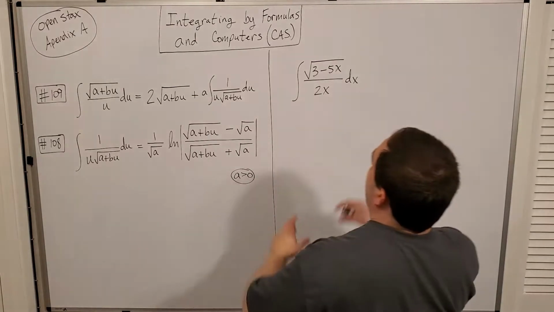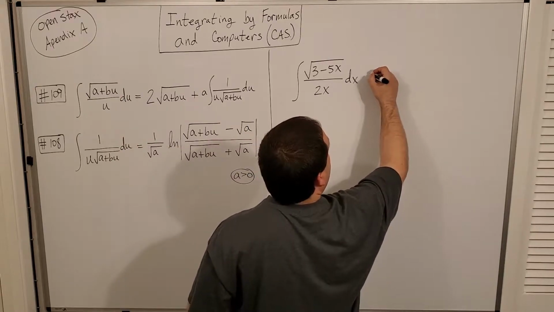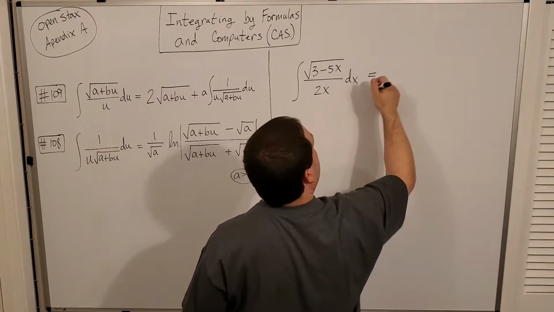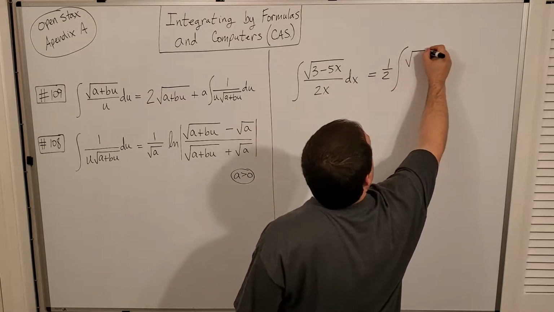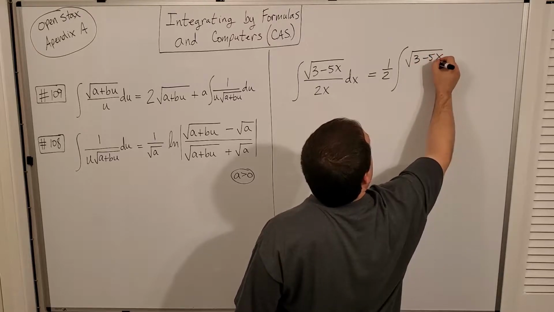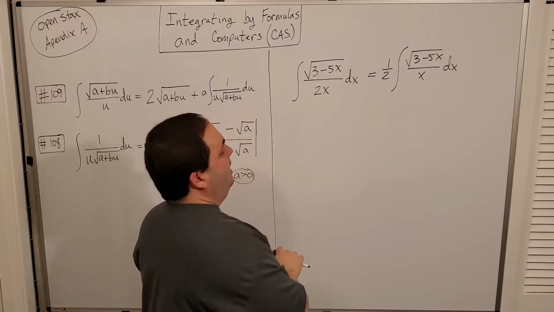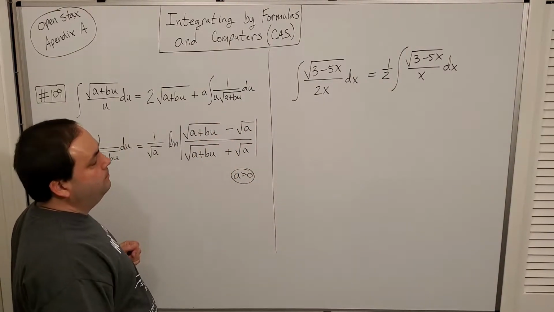Alrighty, so here's my structure, but I'm noticing that I have a 2 here instead of just the u. So I'll start by pulling the 1/2 out. I have the integral of the square root of 3 minus 5x over x dx. They're using u while I'm using x, no big deal, right?